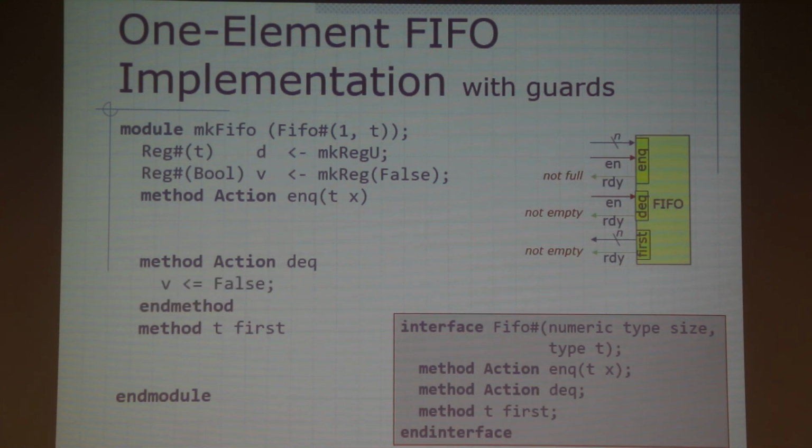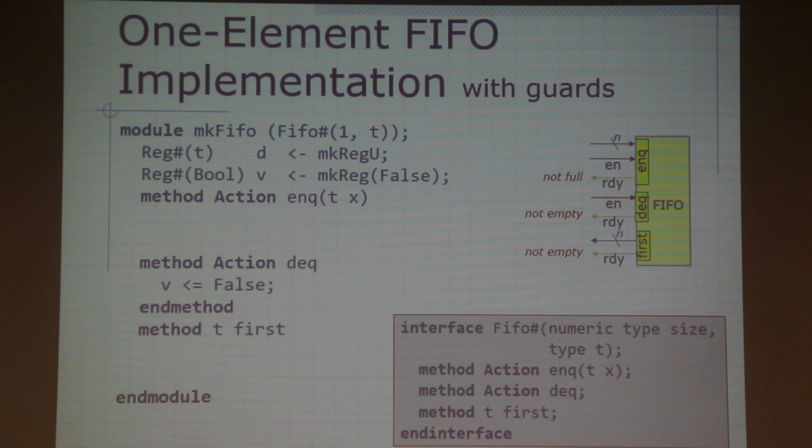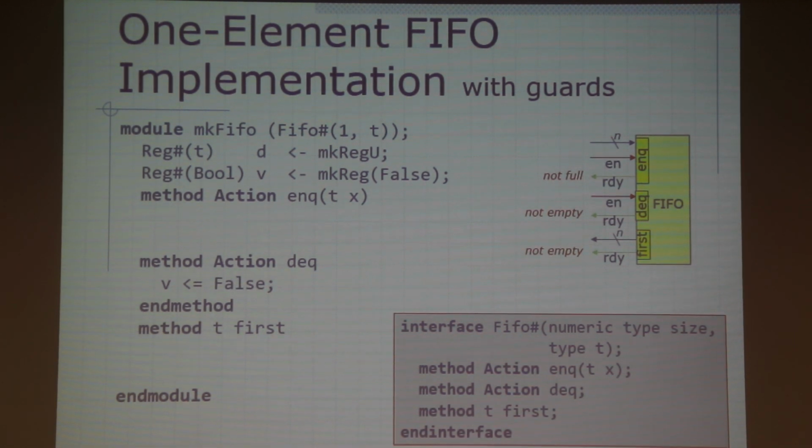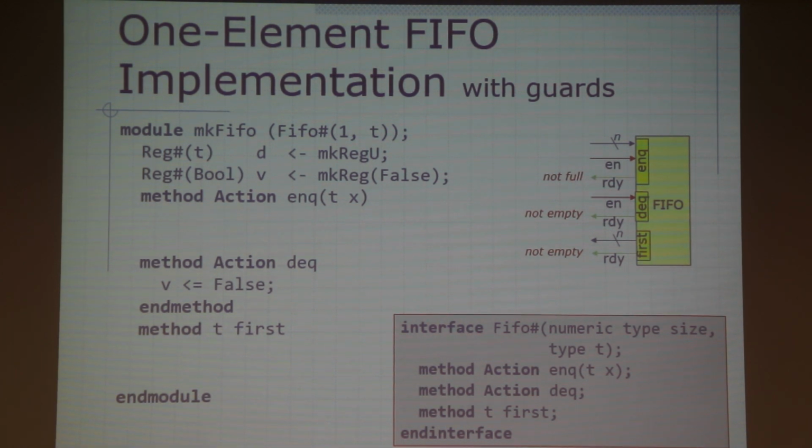All right. Does this look good? When we have DQ, then V gets false, but guard. What is the guard?